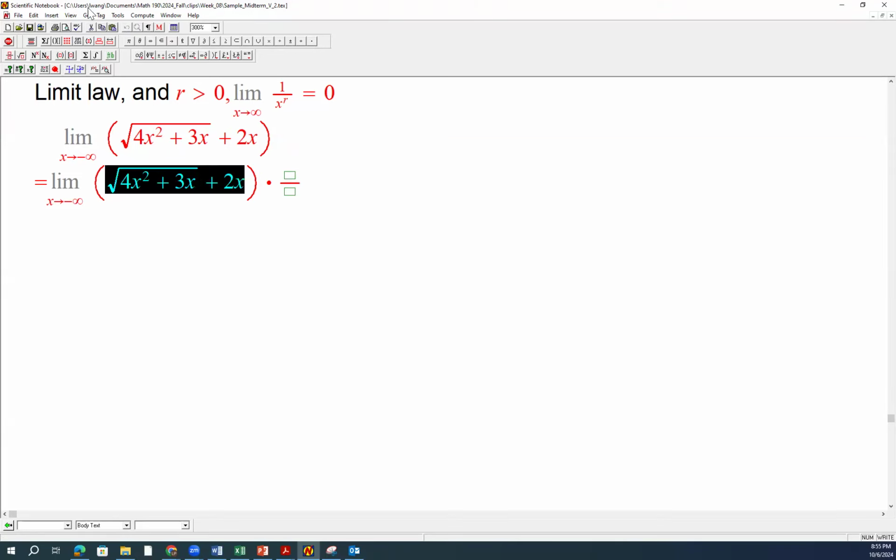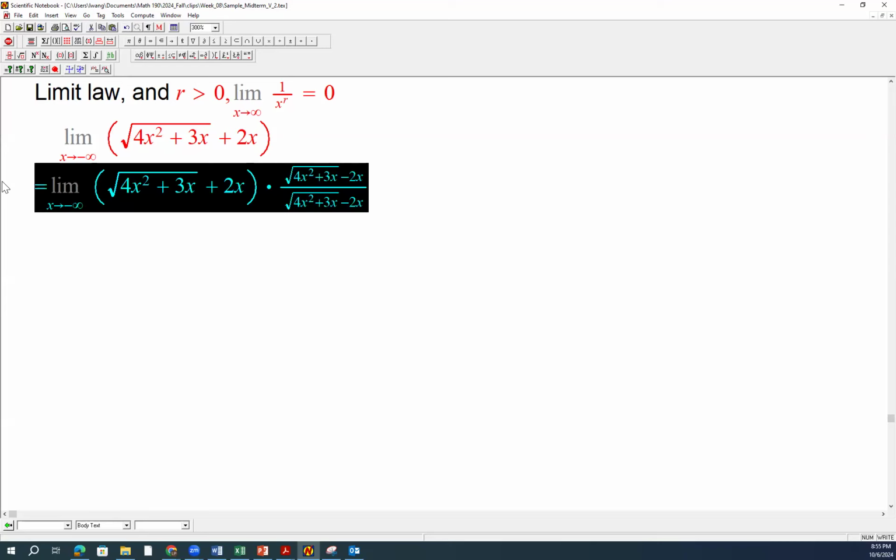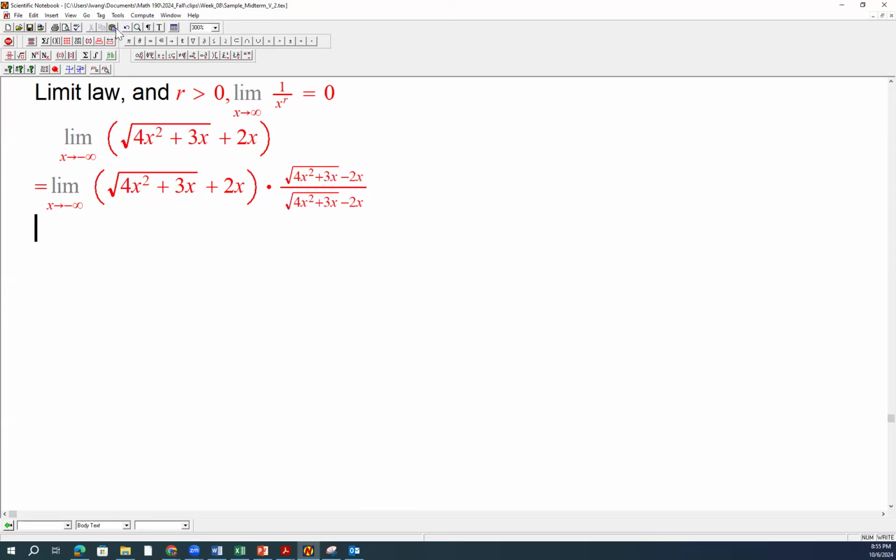The conjugate of this term is minus 2x, so we created 1, and then we keep going. Numerator times numerator, conjugates. So we're going to get this piece squared minus 2x squared.